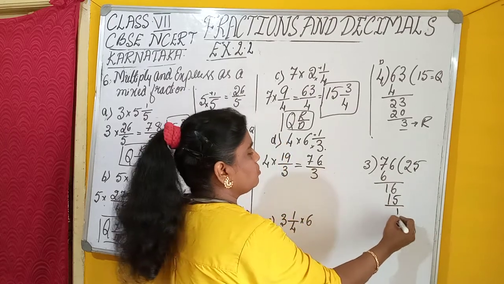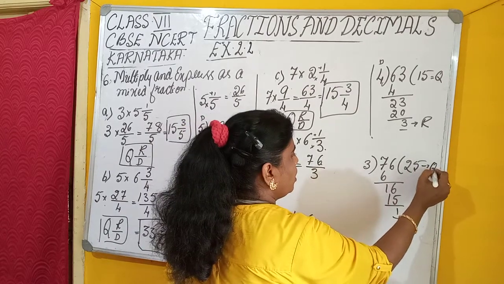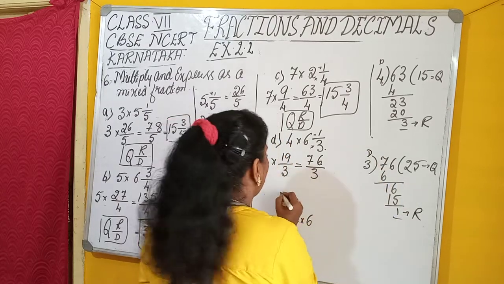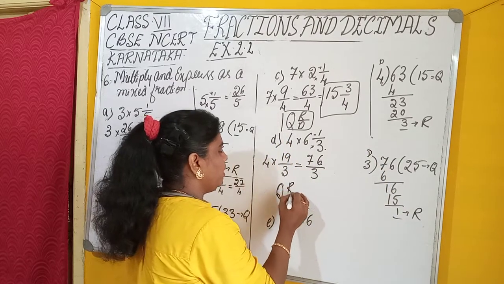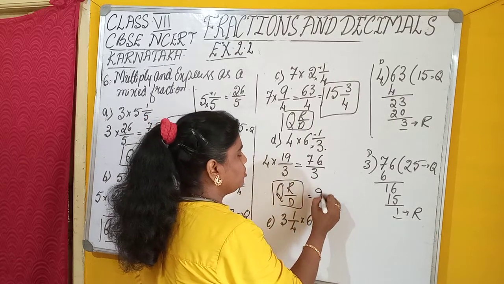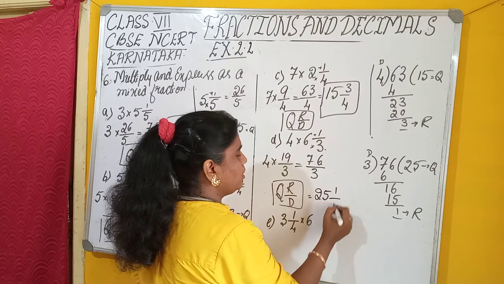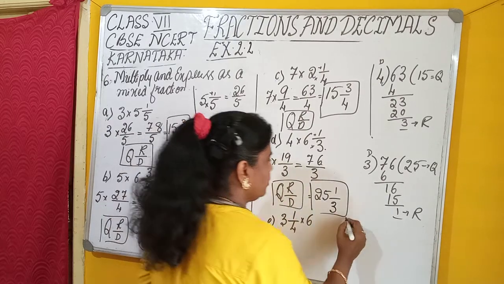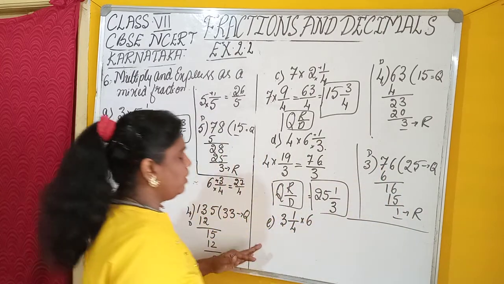The remainder is 1. This is Q and this is R and this is D. We have to write it in the Q R by D form. That is nothing but Q is equal to 25, remainder is 1 and divisor is 3. Okay students, are you following?